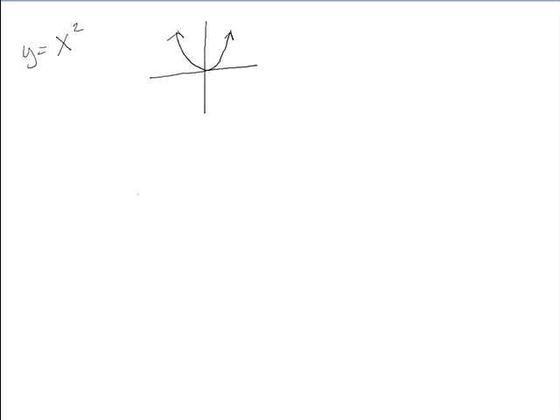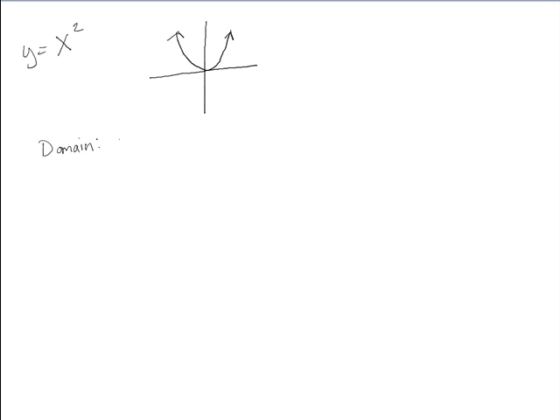So there are a couple of things that we can look at for this. One of the first properties that you look at for any graph is the domain of that graph. Now, the domain is just another way of saying which x values are included in this graph. Okay, so if I plug an x value in, will it give me a point on the graph? Now, one nice thing about parabolas is that the domain is the same for all of them.